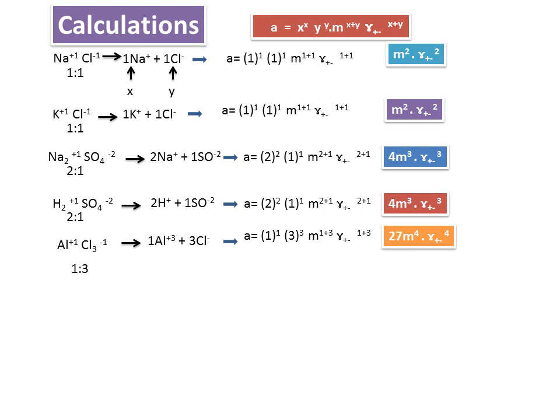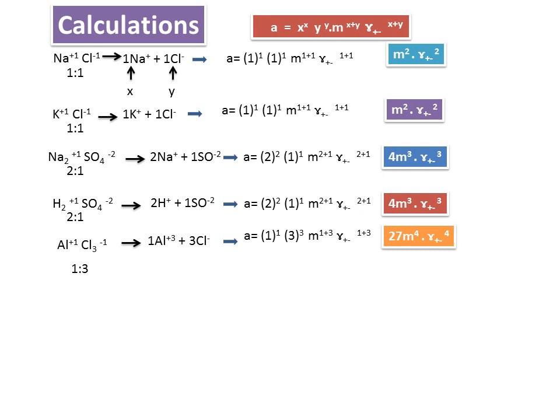Okay students, here we will discuss how we calculate the mean ionic activity of different salts. First is NaCl. This is a univalent cation and univalent anion. When it is dissolved in water, 1 mole of cation is obtained and 1 mole of anion is obtained.